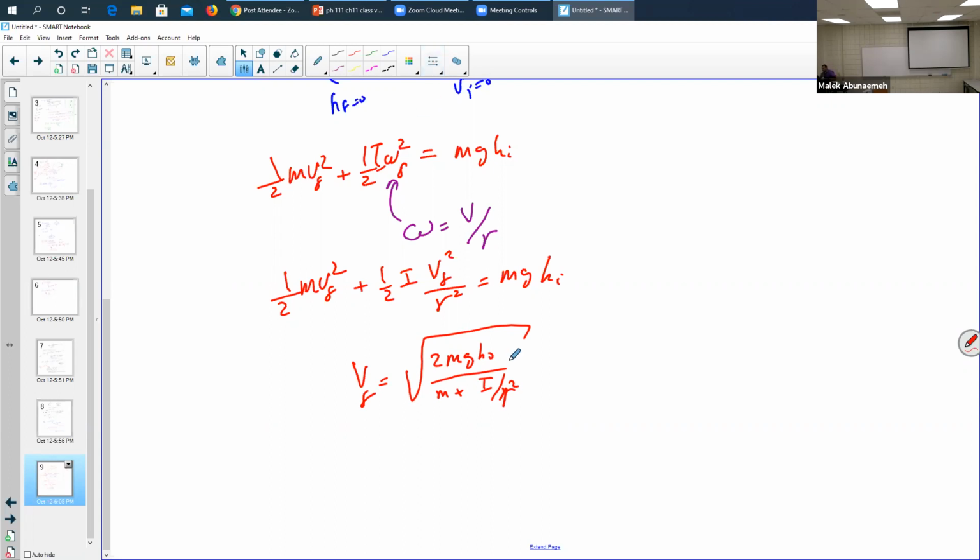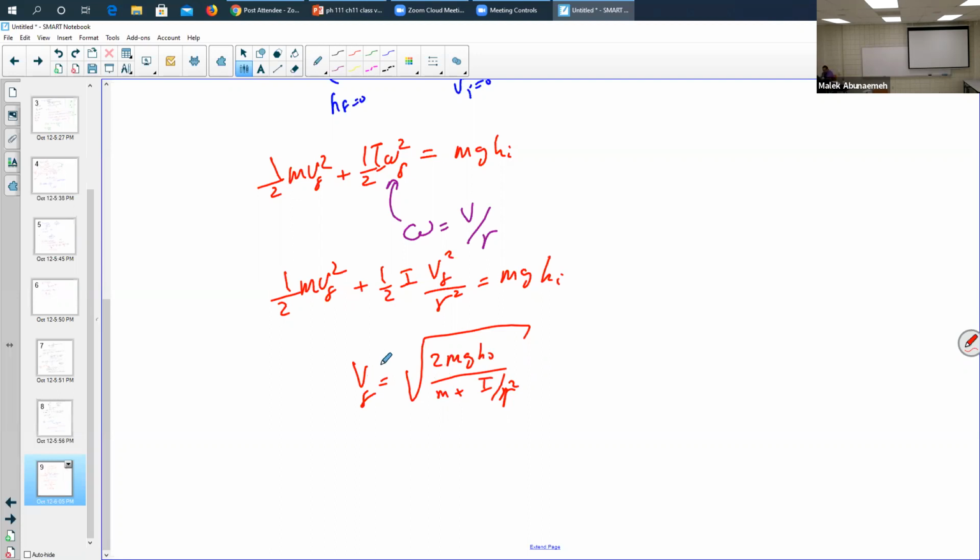Now, if the moment of inertia was way smaller than the radius, this term is going to go to 0, so you're going to have a higher speed. If I goes closer to r or higher, then this is going to be less.